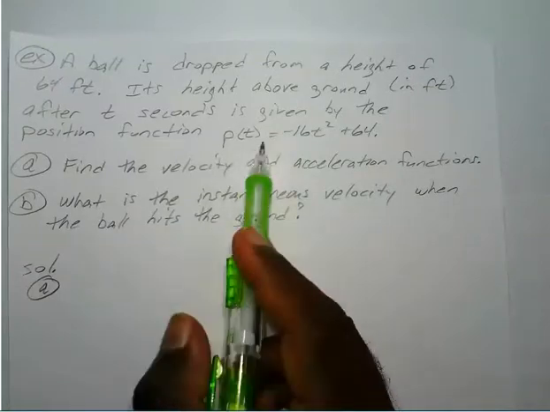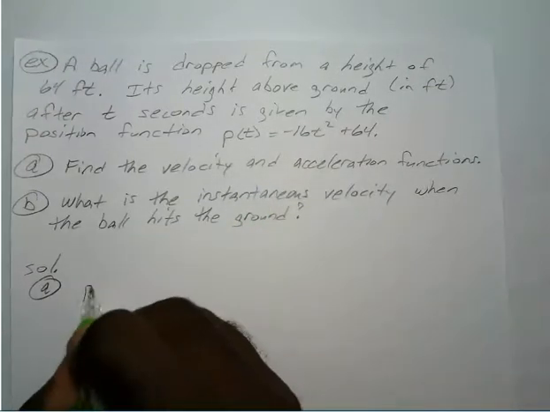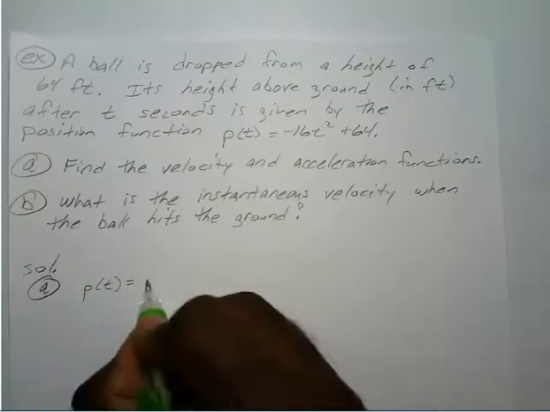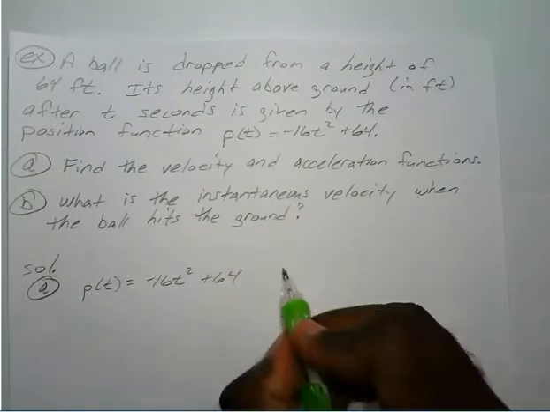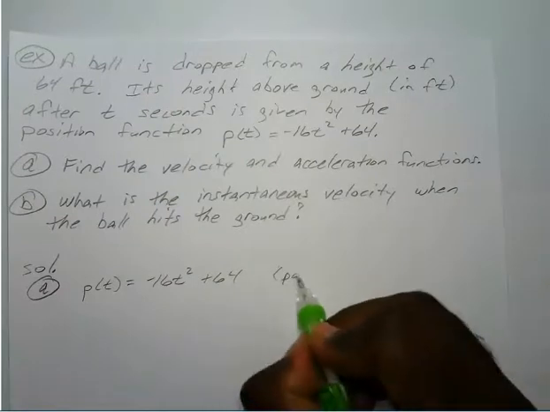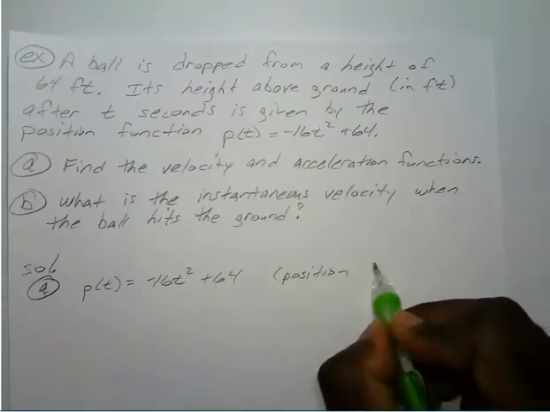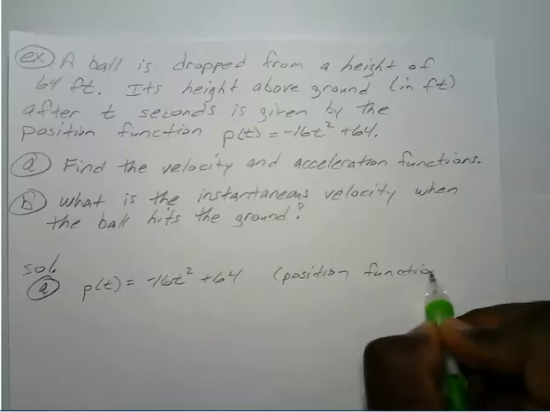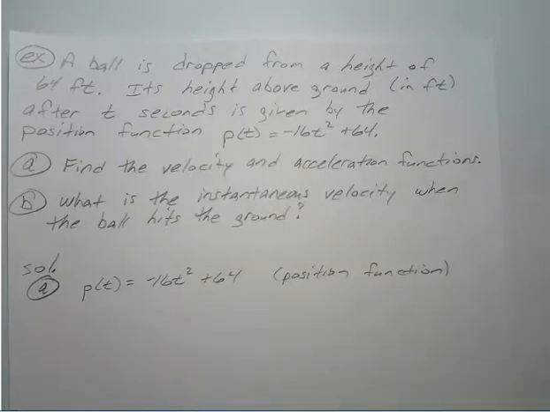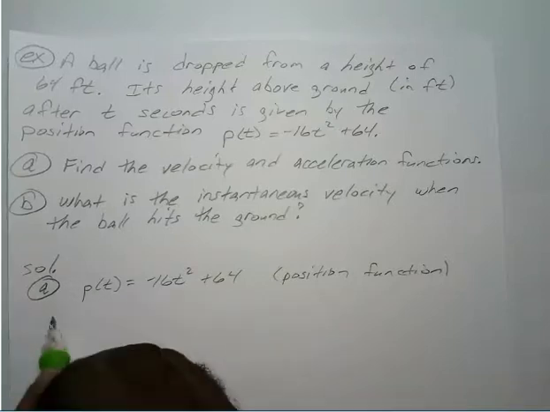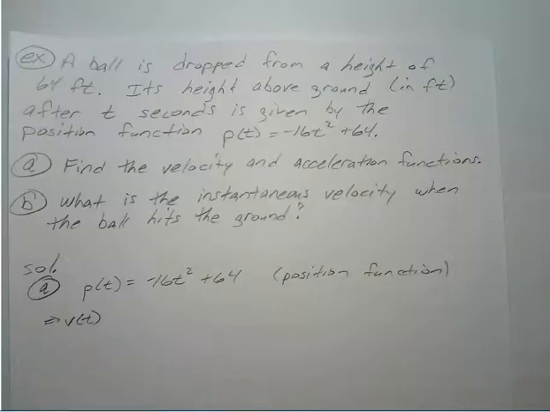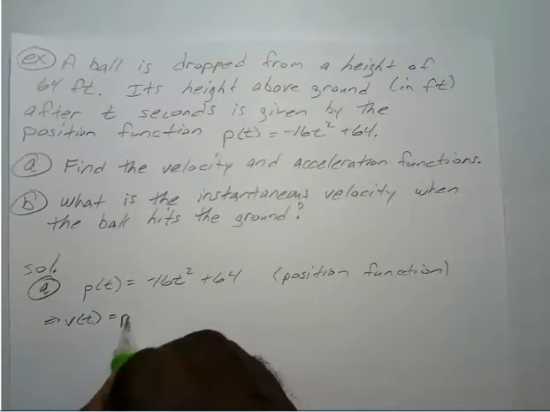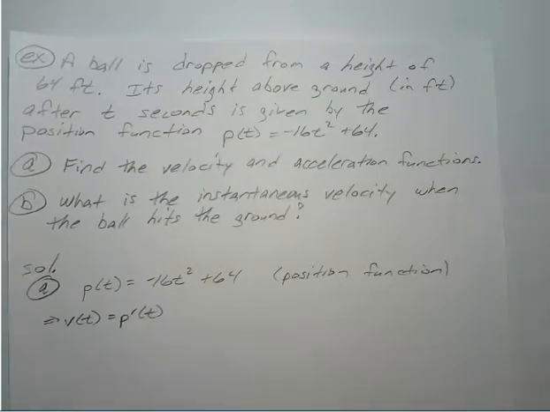Okay, so we know we have our position function. So p of t is equal to negative 16 t squared plus 64. Okay, our position function. Now if we find the first derivative of that, our velocity function is the first derivative.